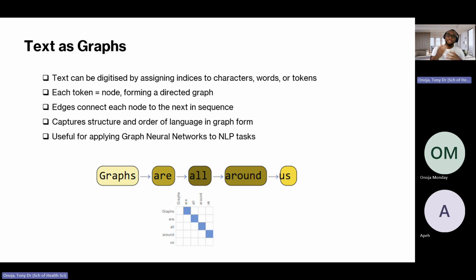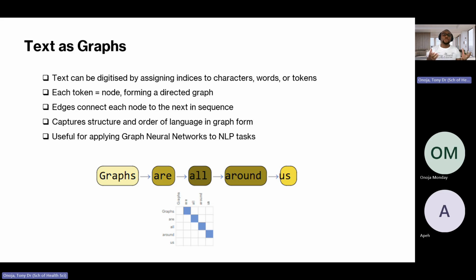Now, remember I told you guys last time that when you have a sentence, it breaks it down into this lemma of characters, what we call tokens. Those tokens can be represented as a graph where each token can be considered as a node, forming a sort of directed graph, and each of the edges will be that connection between each node or sequence to the next one.